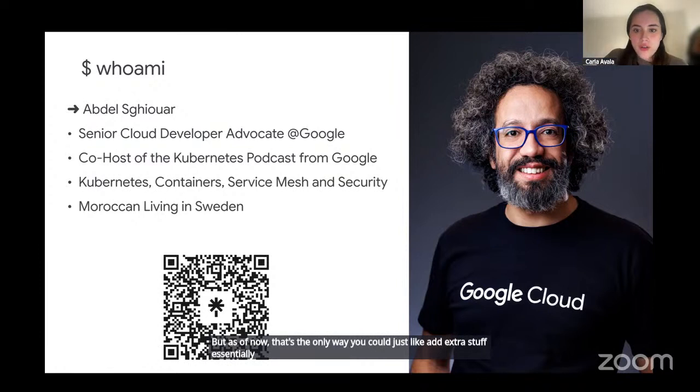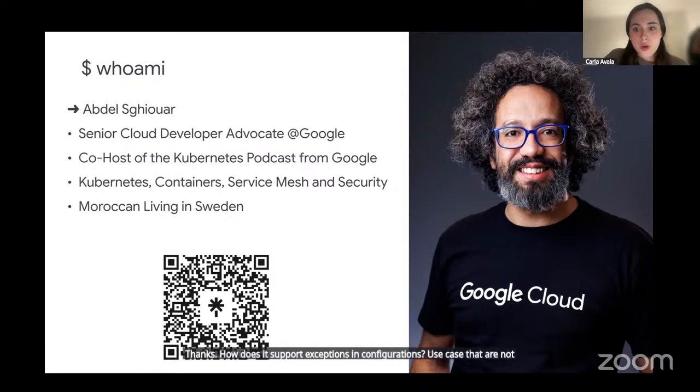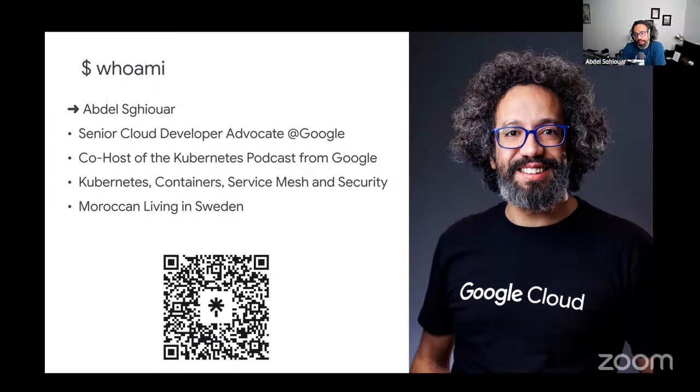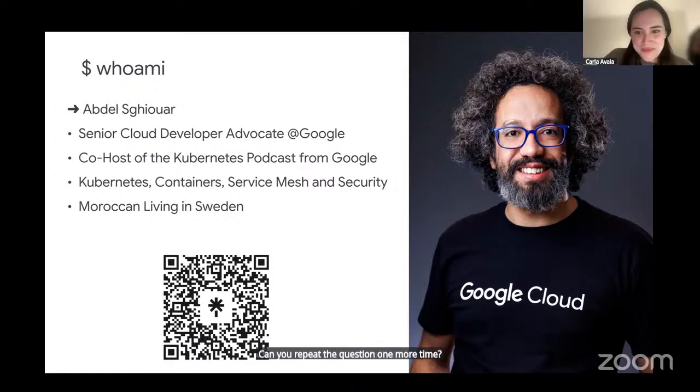Thanks. How does it support exceptions in configurations, use cases that are not described in the resource graph? Can you repeat the question one more time? Yes. Andre is saying, how does it support exceptions in configurations, use cases that are not described in the resource graph, when some extra is needed?